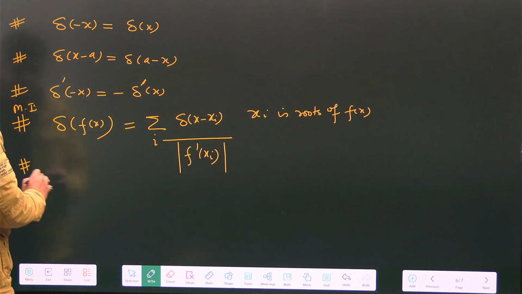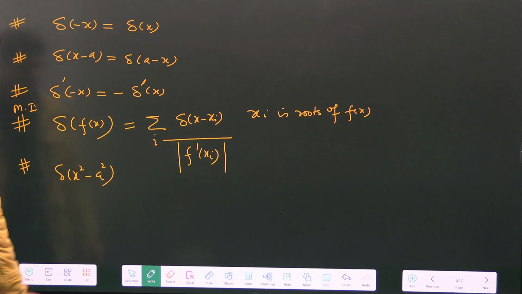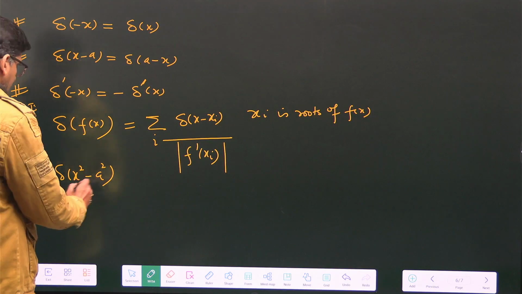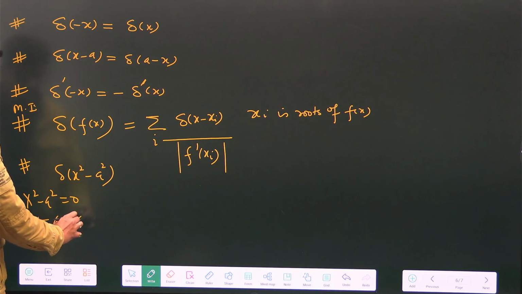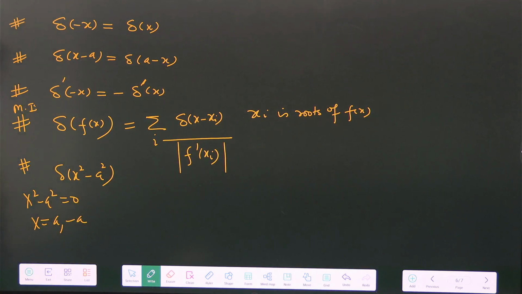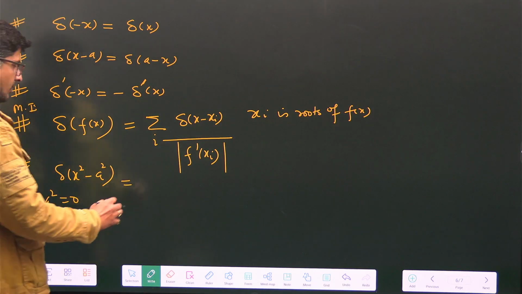Suppose I have delta(x squared minus a squared). Then how I will write it? I will just put f(x) is equal to 0. So I will get a and minus a, right? So it is summation. First of all, I will take x is equal to a.